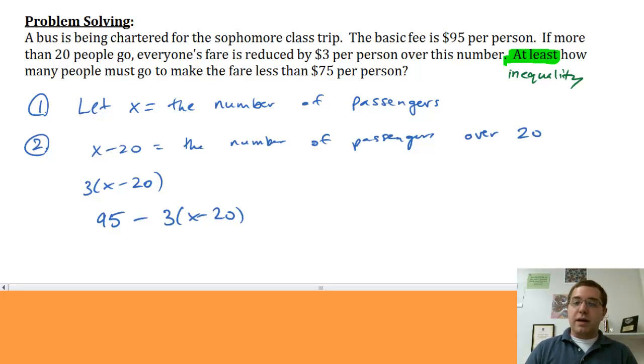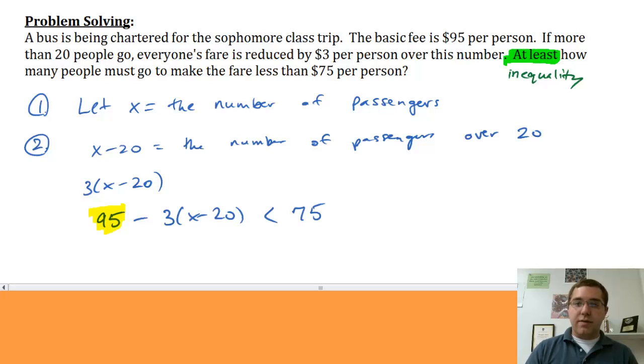And I want that to be less than what? Less than 75. So I want the price per person, which would be 95 if I have 20 people or less, to go down, and it's going to go down by $3 per person that's over 20.